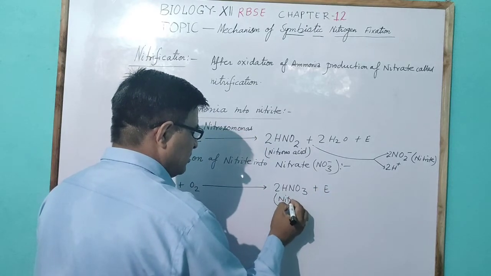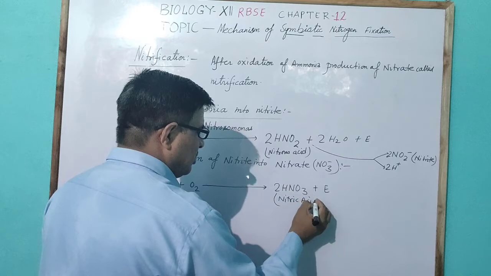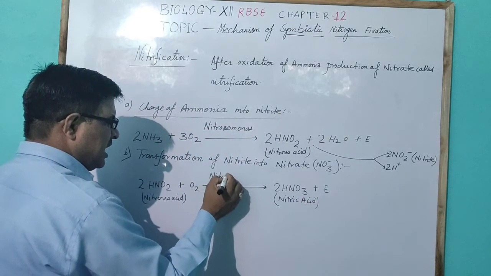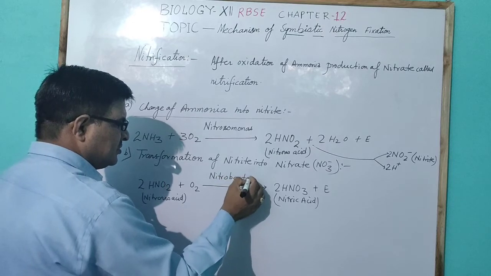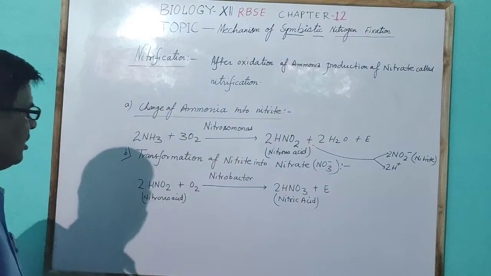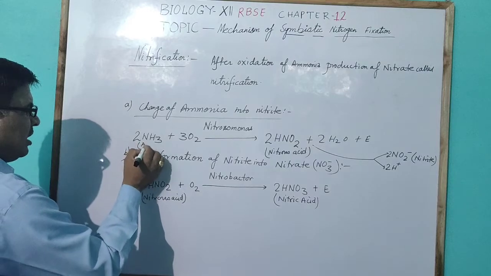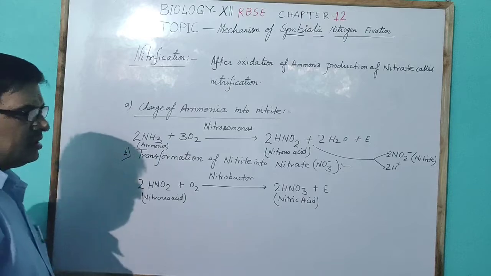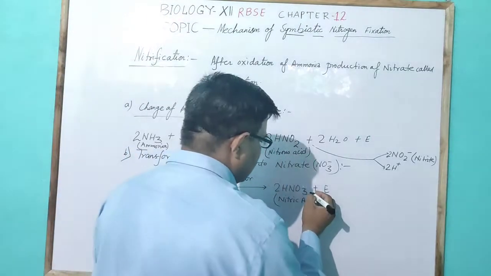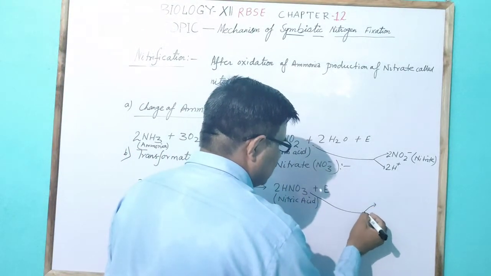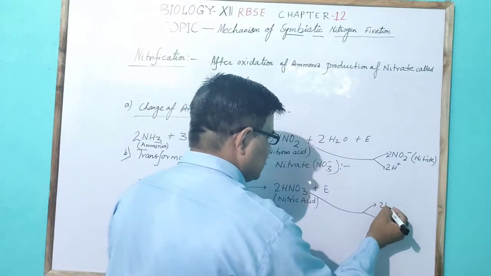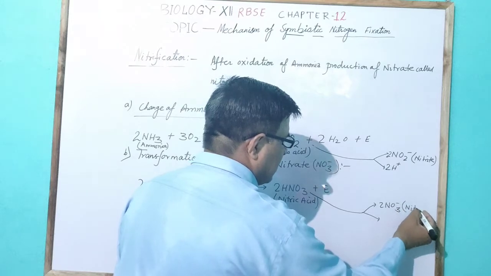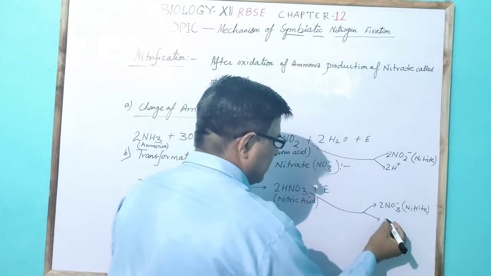Here this nitric acid is produced in the presence of the bacterium Nitrobacter. So in this way ammonia ultimately changes into nitrate, as this nitric acid, when it reaches the soil, produces the nitrate and the hydrogen ion.